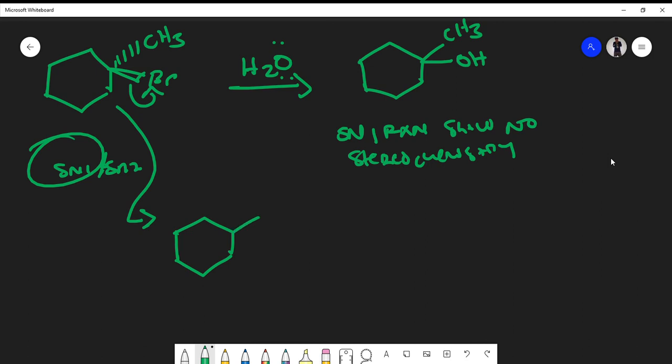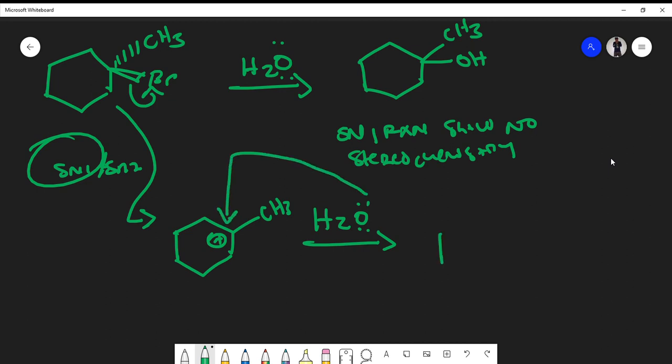Once the bromine leaves, you should remember this from general chemistry, look at the carbon. What is the geometry around the carbon? The carbon is now flat. The carbon is actually trigonal planar. And so this is why SN1 reaction products show no stereochemistry, even though the reactant in this case showed stereochemistry. Because the carbon now becomes flat, my water molecule can now attack the carbocation.